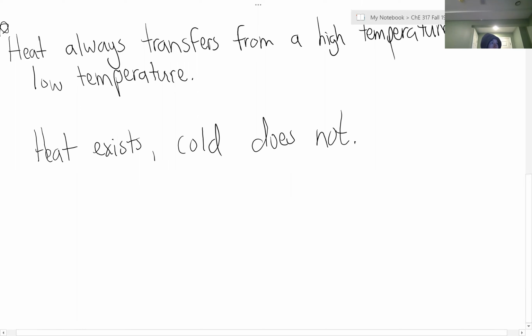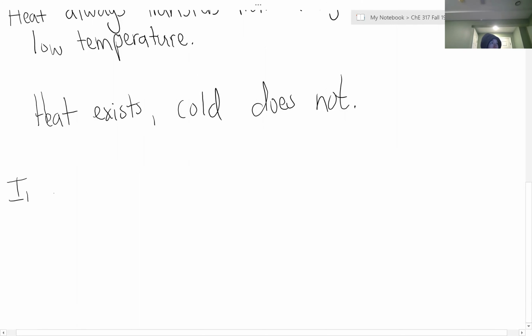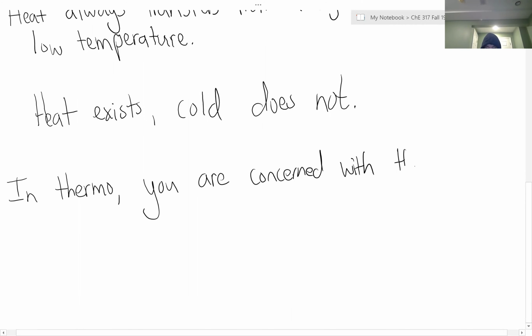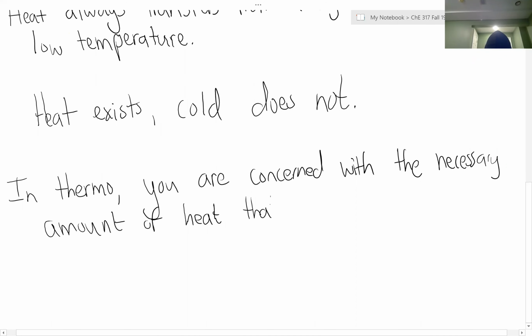And so in thermo, you're often concerned with the necessary amount of heat that exists within an energy balance.